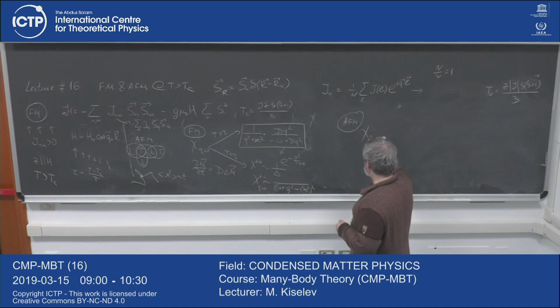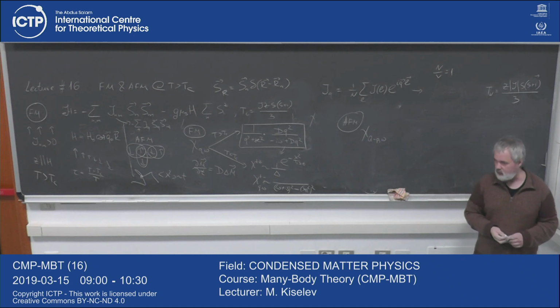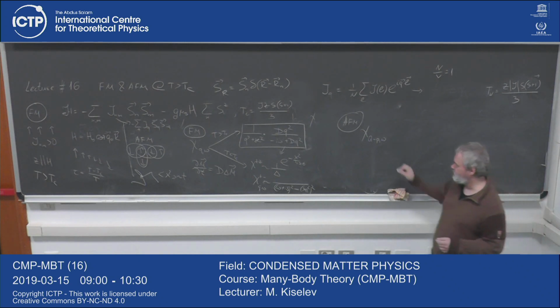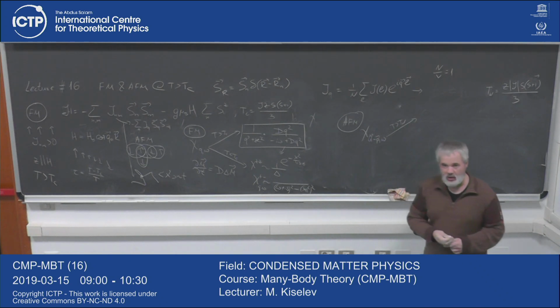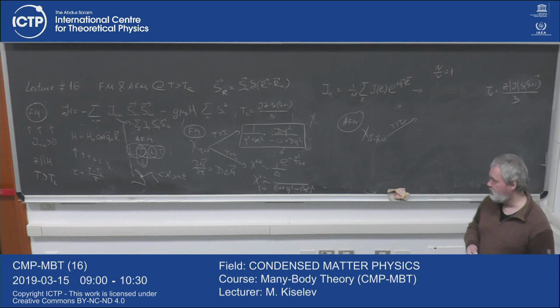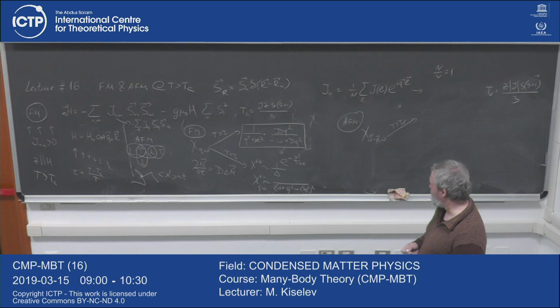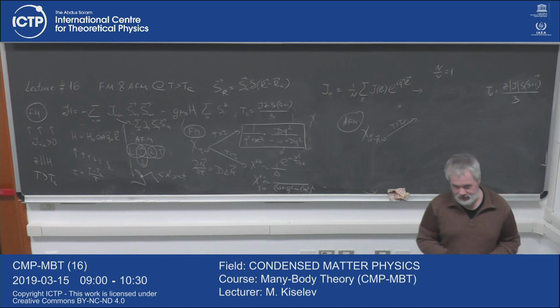So I will start by discussing the magnetization at small deviation from the reciprocal vector, T larger than T_N. The dramatic difference is that the staggered magnetization doesn't commute with the Hamiltonian.